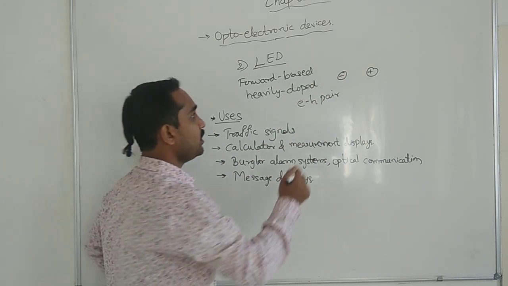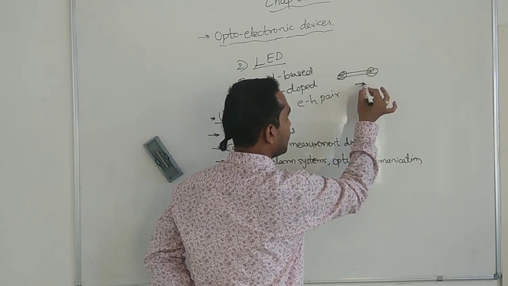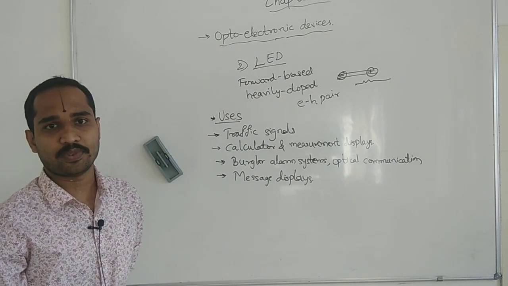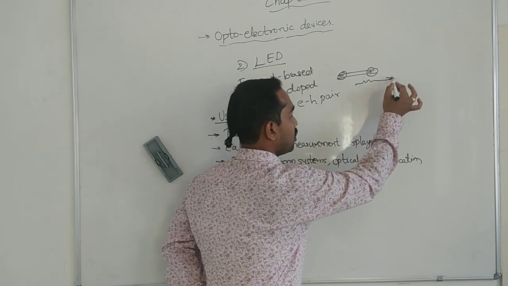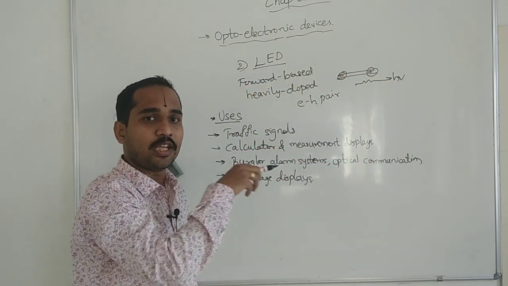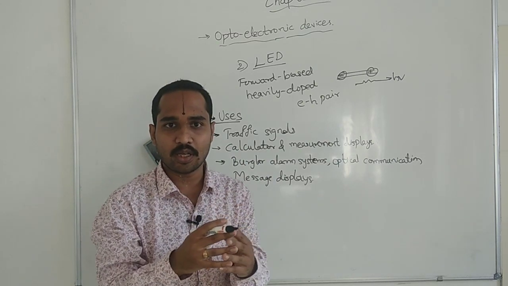Now when they get paired up, they have to release a photon of energy. The electron is unstable. You supply the energy, it becomes unstable, and it goes and pairs up with the hole.